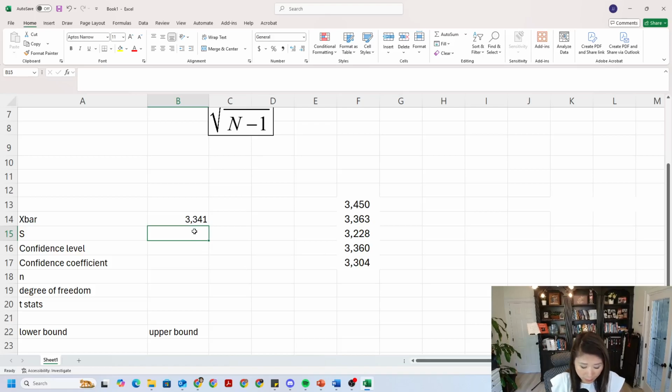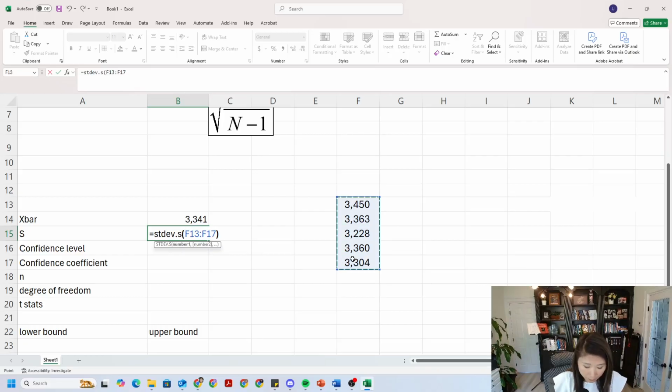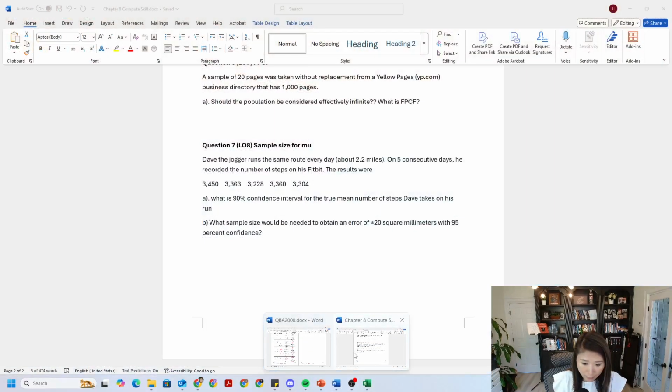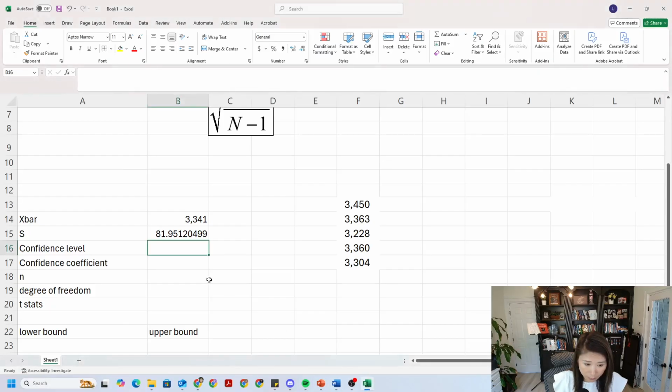The next one is the standard deviation, STDEV.S, since it is a sample. We select all of them, and that gives me the standard deviation. Based on the question, the confidence level we are looking for is 90%, so we document the confidence level as 0.9.